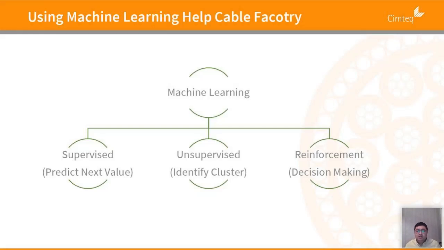Supervised machine learning is often used to predict the next value in a general concept, and it's a task-driven solution. I will have some examples later to show how we can use supervised machine learning to solve cable business issues.